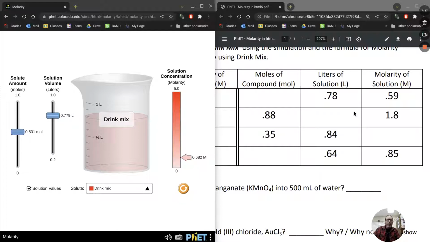And then I want my molarity to be 0.59, so I'm going to watch the scale here with my molar concentration while I play with my amount of solute until it comes down to 0.59, or as close as I can get it. That's pretty close. And so to fill in that moles of compound, I would use what it says here, which is 0.461. Yours might be a little bit different, and that's really fine.